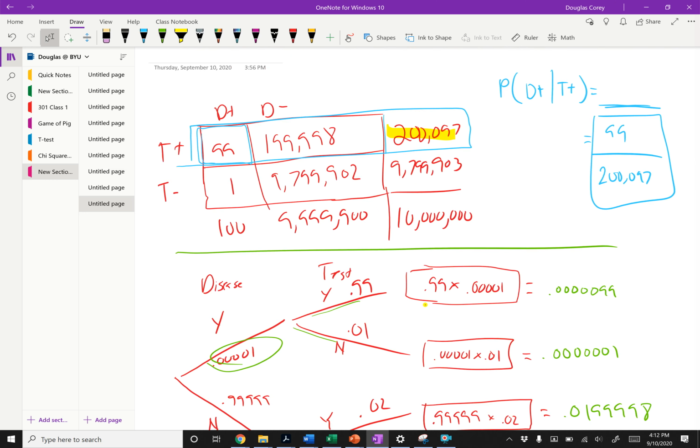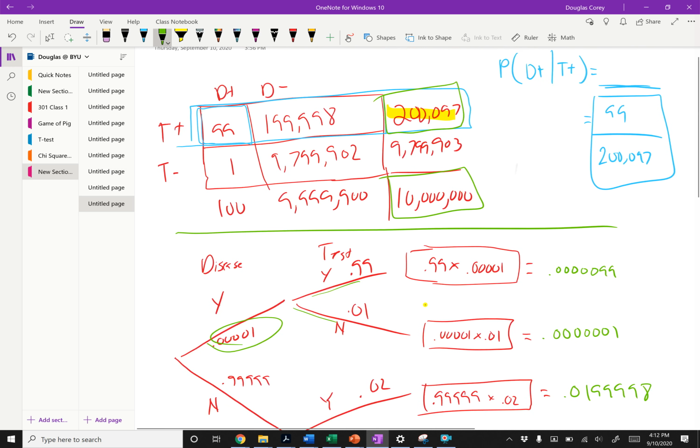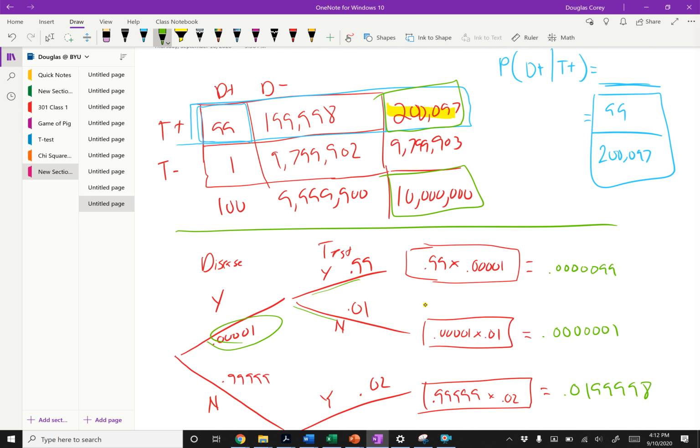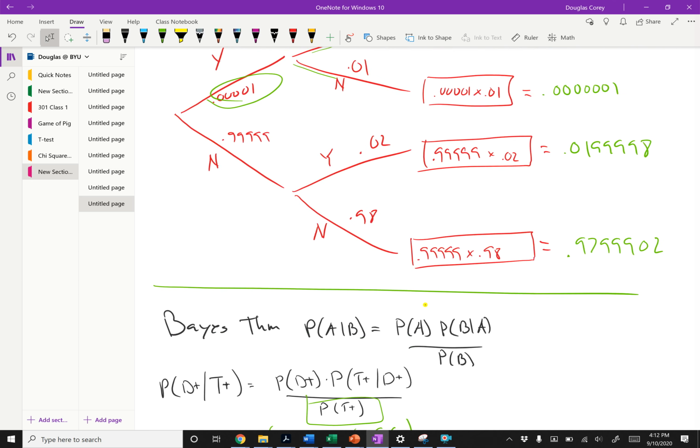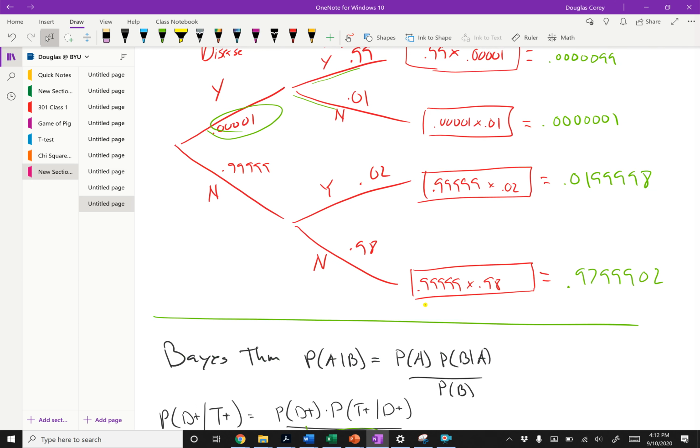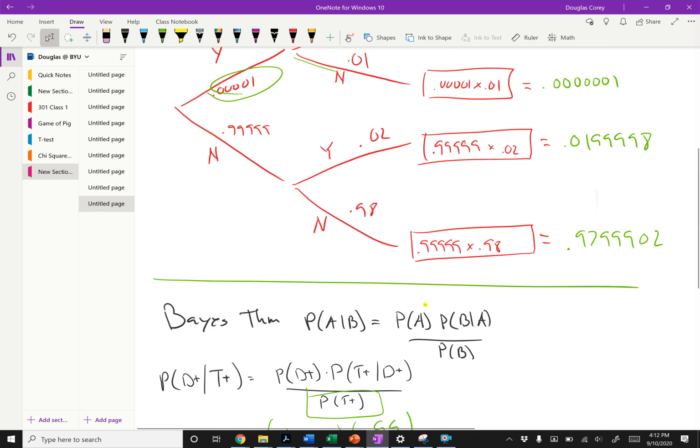We can get it from the table: the probability of testing positive is this number divided by the total, so it's 0.0200. But I wanted to get it off this tree diagram so you knew how to do that.